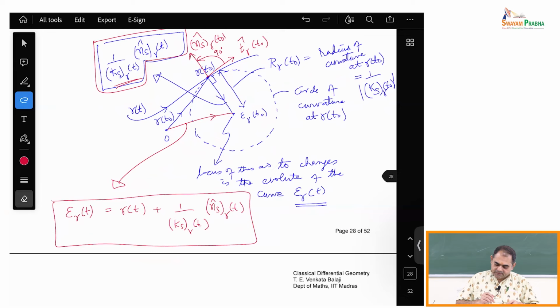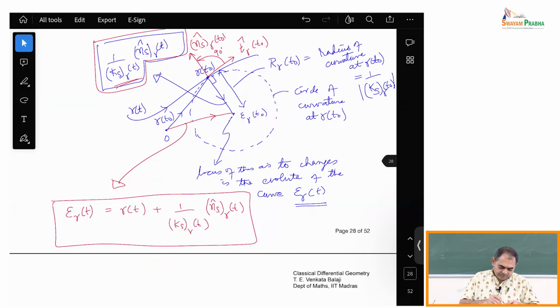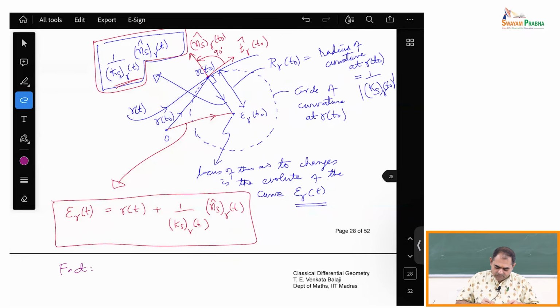So let me write it like this: fact, the evolute E sub gamma of gamma is the envelope of the family of normals to gamma.